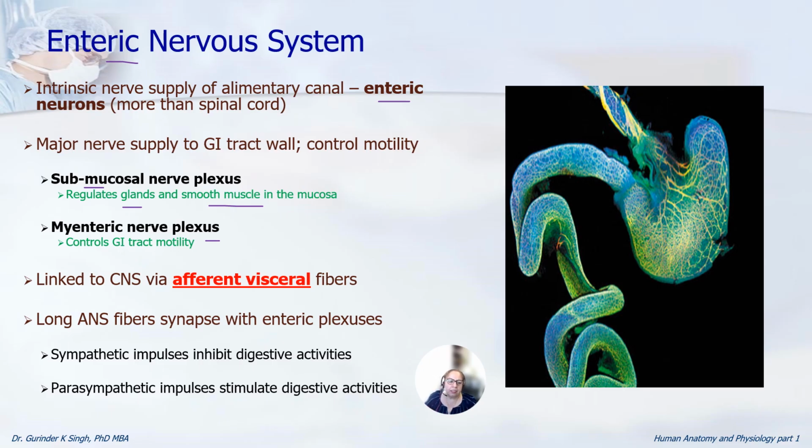These are typically unmyelinated neurons, and they are connected to the central nervous system through afferent visceral fibers. We also have autonomic nerve fibers, which come and form a synapse with the enteric plexus. So the gut does have sympathetic as well as parasympathetic nerves connecting to it.